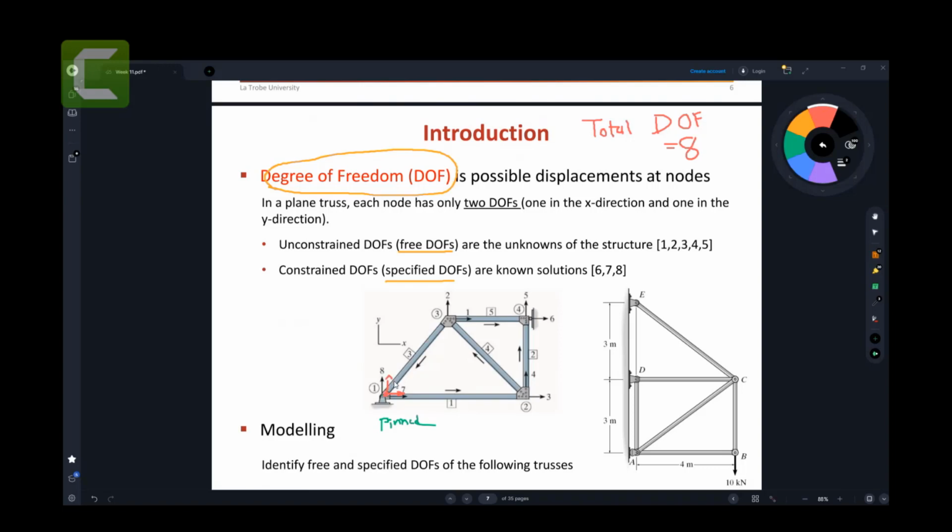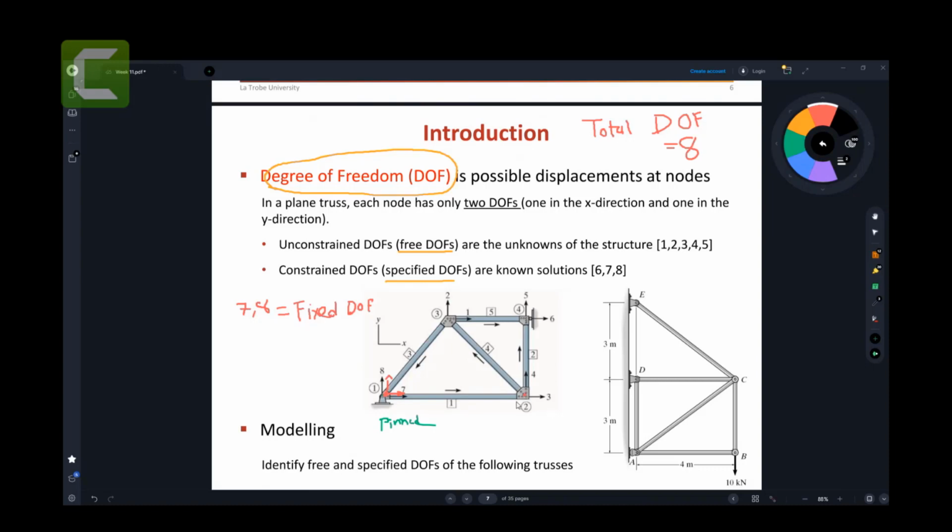Because this pin is holding that point so tight that the support of the pin cannot go here or here. That's the function of the pin. So I can say that degrees of freedom 1 and 2 are fixed because they cannot move. You are with me so far?